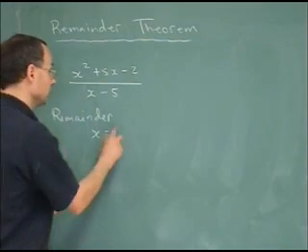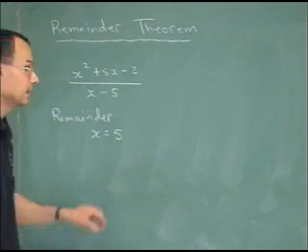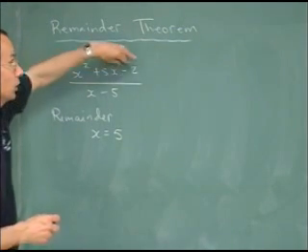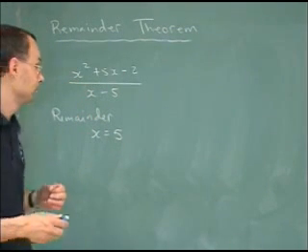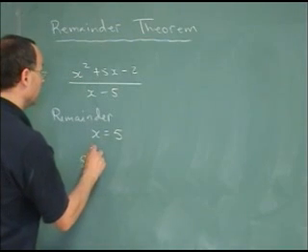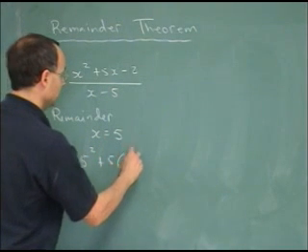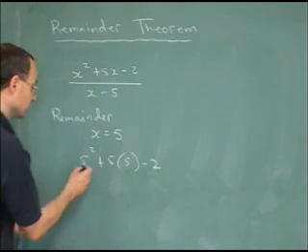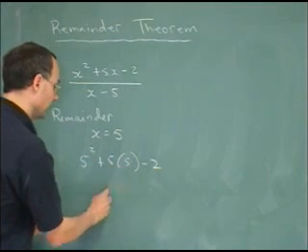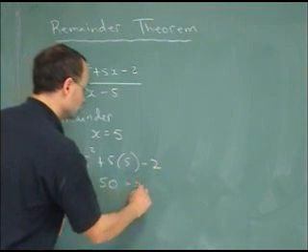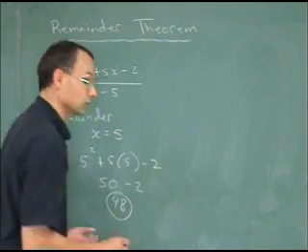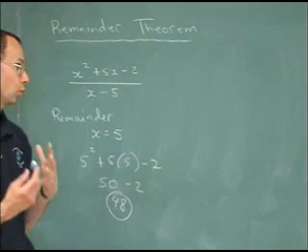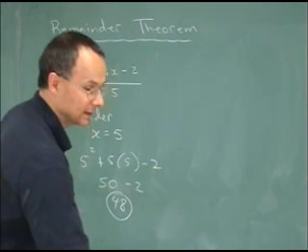And that choice would mean x is 5. Now we take that value and we substitute it into the polynomial, which is getting divided up. So we're going to go 5 squared plus 5 times 5 minus 2. Well, I work out these numbers. I get 25 plus 25 is 50 minus 2. There's my remainder. It's 48 without doing all that long work. It's a very quick and neat way.